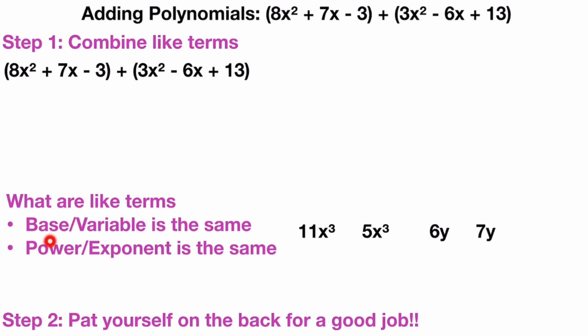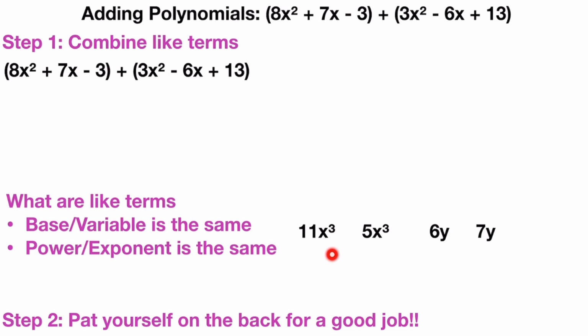Like terms are when the base or variable is the same. So x and x are the same in this example right here. Just these two first. And the power and exponents are the same. So this is cubed, and this is cubed. So x cubed and x cubed. You can add these, multiply or subtract any way you want to.